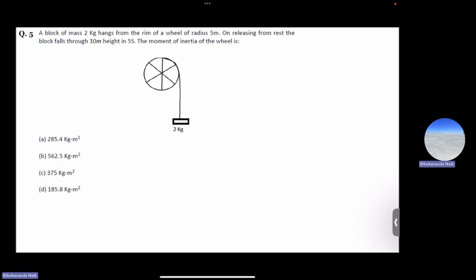Question number 5 says a block of mass 2 kg hangs from the rim of a wheel of radius 5 meter. On releasing from rest, the block falls through 10 meter height in 5 seconds.